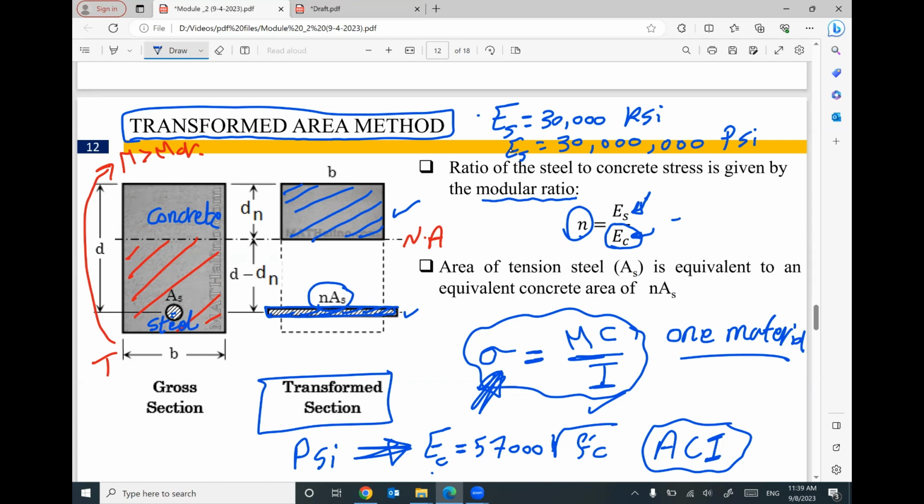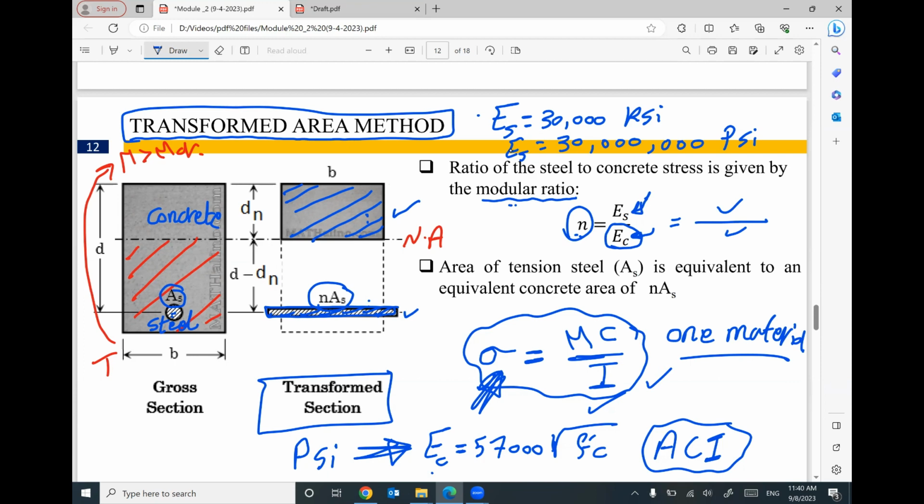If you divide this number by this number, you can figure out the value of N, which is called modular ratio. Once you get modular ratio, if you multiply it by area steel, I can convert this area steel to equivalent area of concrete. Once you get the equivalent area of concrete, right now we have two parts, both of them are concrete, so I can use this expression.